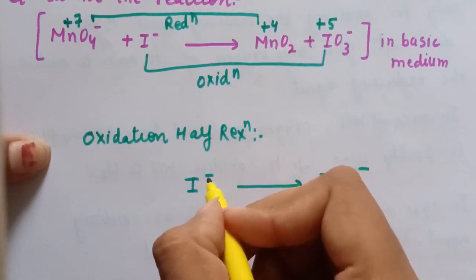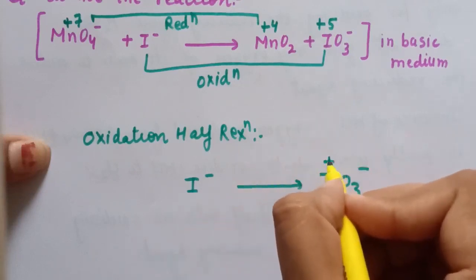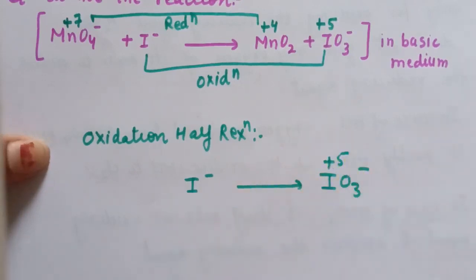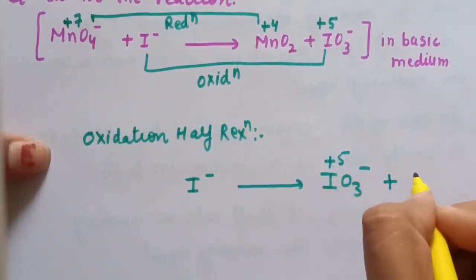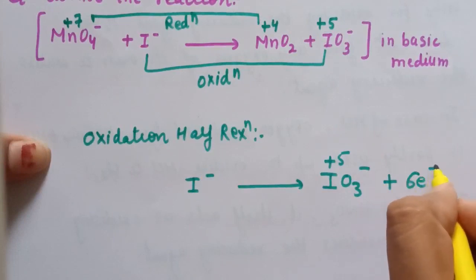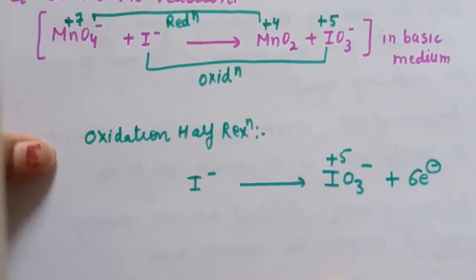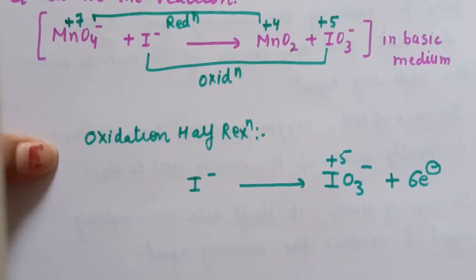Here the oxidation number is -1 and on the right hand side the oxidation number of iodine is +5. Oxidation means loss of electrons, so by losing 6 electrons it converts to IO3 negative.